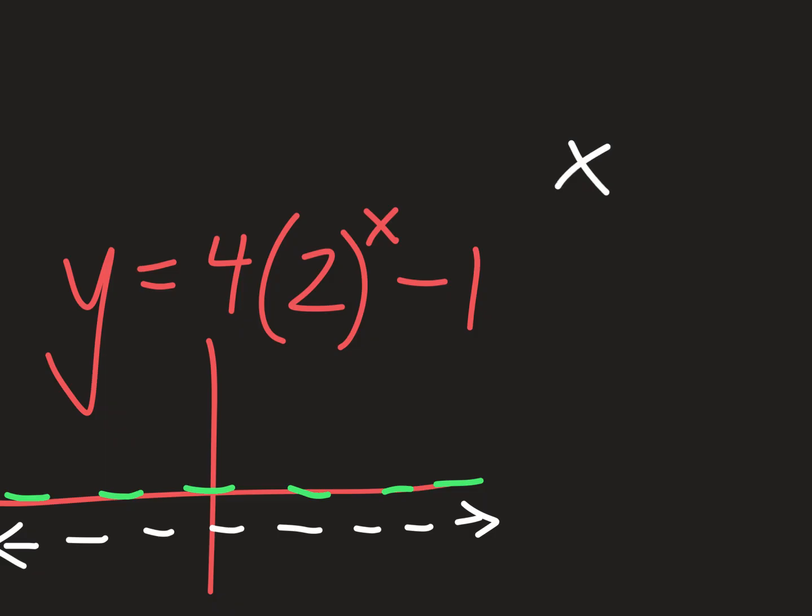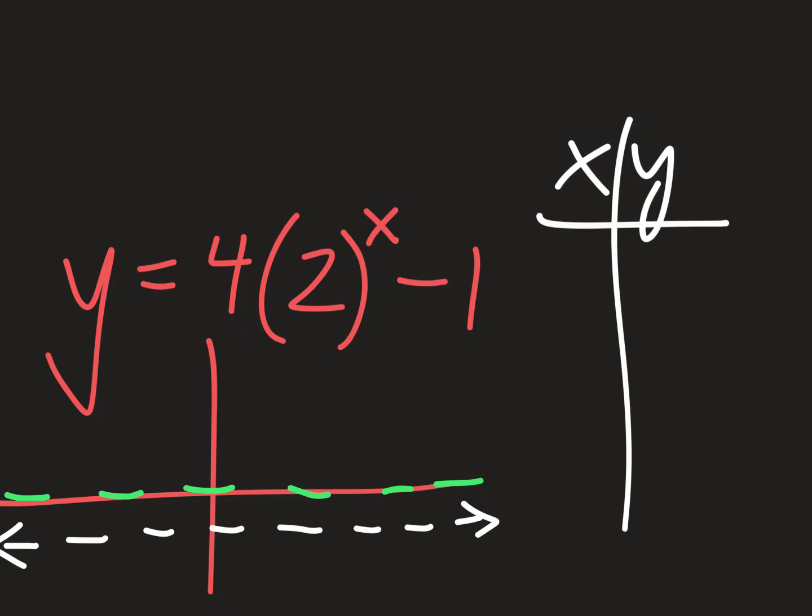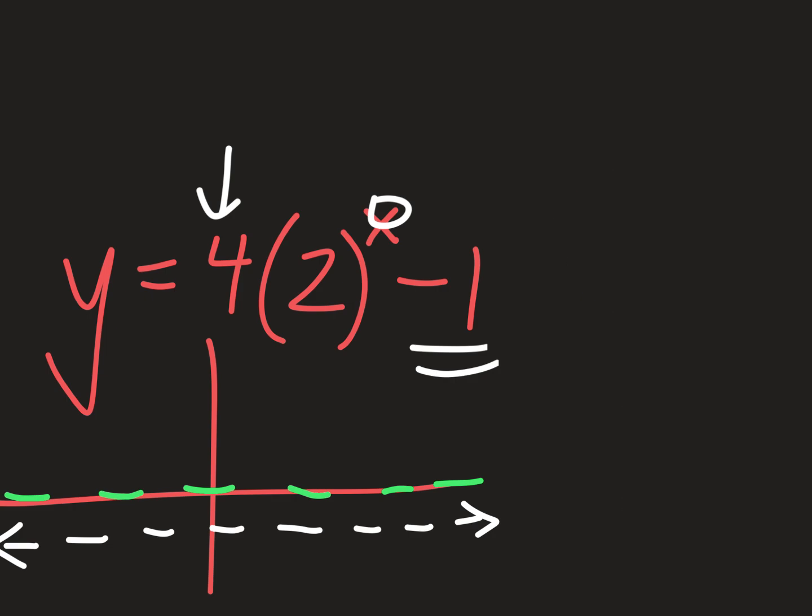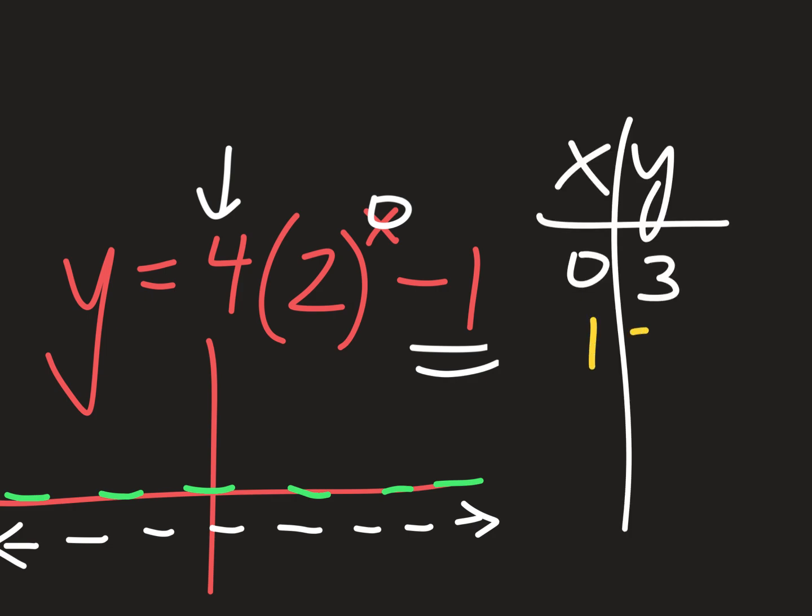Well, what I'd do is make an XY chart like this, and I'd start with 0 and just see if it works nice. And it does, actually. 2 to the 0 is 1. 1 times 4 is 4. Minus 1 makes 3. 0 comma 3. Busselberg, can you give me another couple of points? 1 comma 7. 1, 7, and? Oh, you needed 2. That's right. All I said was 2. We're good. I think you get the idea.